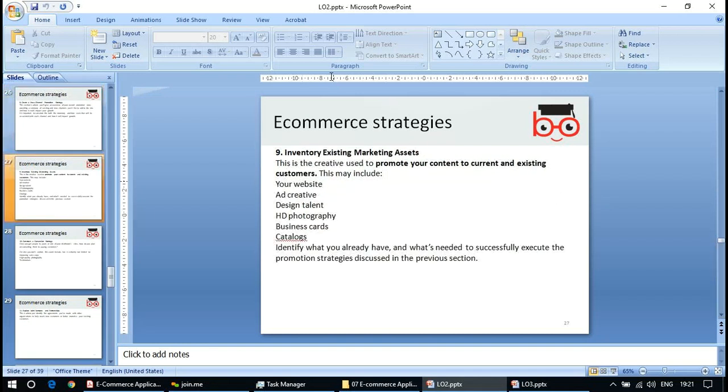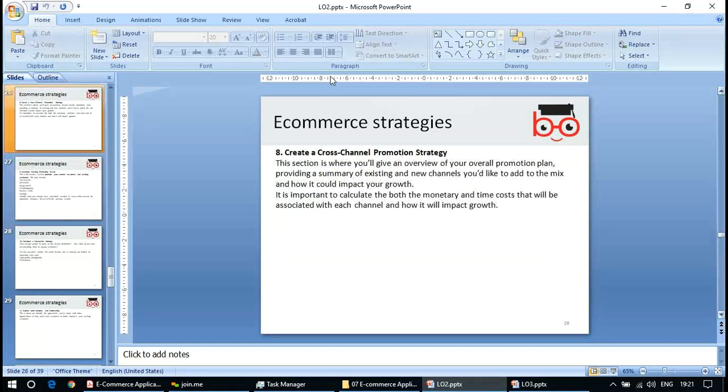Inventory existing marketing assets. Promote your content to the current and existing customers, and you should have an inventory about your website, add creative design talent, and identify what you already have and what's needed to successfully execute the promotion strategies discussed in the previous section.